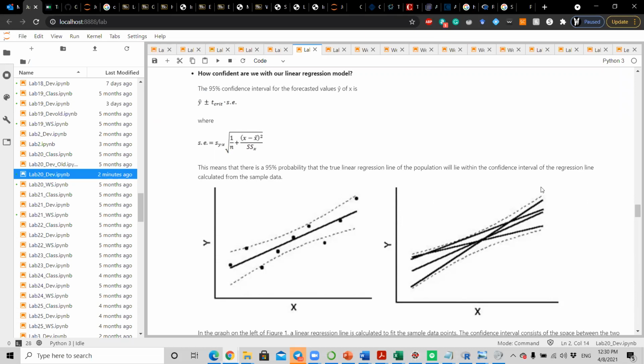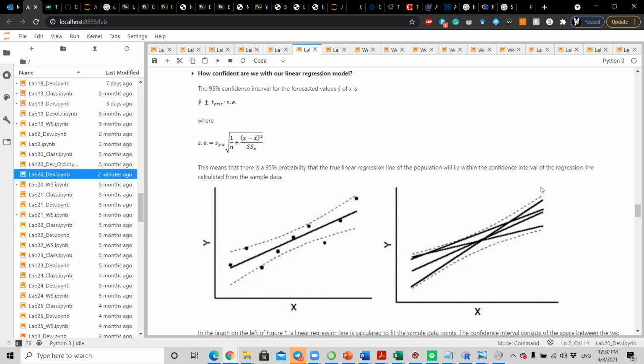We fit a linear regression model somewhere. We can use these intervals above and below that line and say we are 95% confident that the true linear regression model, a true line representing the population, will be somewhere within these limits.